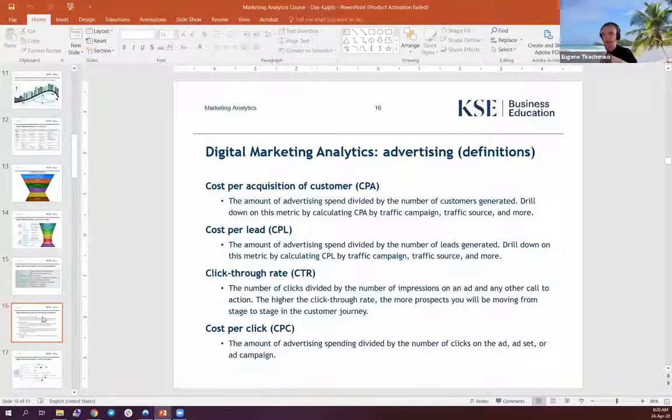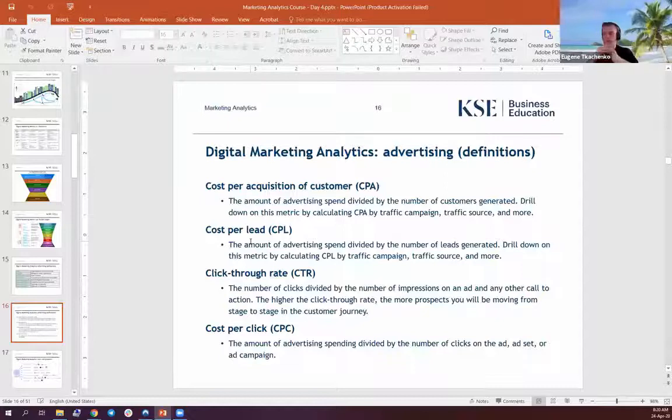However, when we are progressing towards something more valuable to us, for example, cost per lead or cost per acquisition, we are referring to slightly different metrics. We are all of a sudden talking about lead generation. So then we will be measuring how much money we spend per acquiring a lead, as well as how much money we are spending per customer acquired.